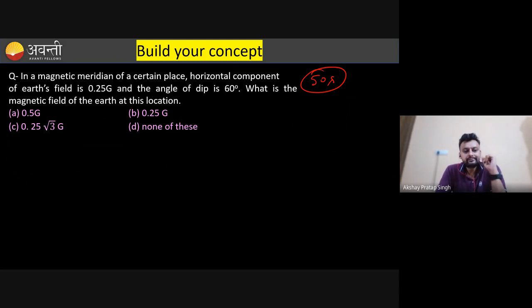Tell me the correct answer. Or it is not mandatory to answer the correct one. The one that you have attempted, you can answer that one as well.